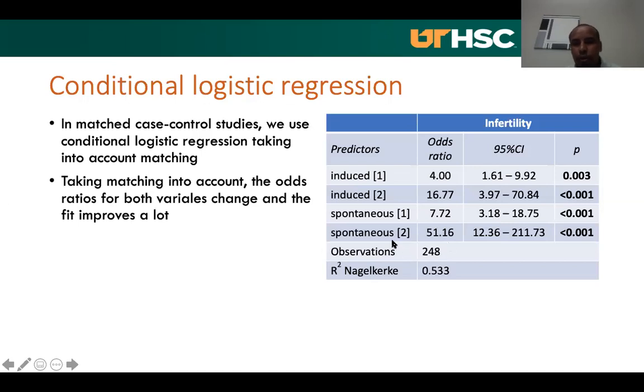For those with spontaneous abortion, having 1 previous spontaneous abortion as compared to no previous history of spontaneous abortion, the risk of infertility is 7.72. The 95% confidence interval ranges between 3.18 and 18.75.